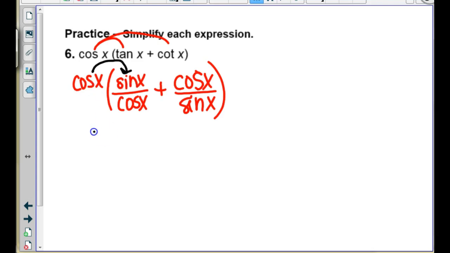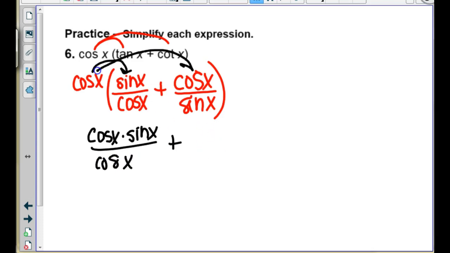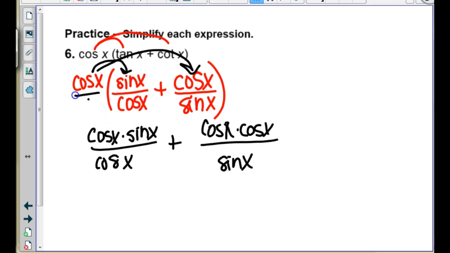Everybody see that? Do you want me to write it? I'm not even sure where this is going. And then this one times this would be cosine times cosine over sine, because this is just over 1.